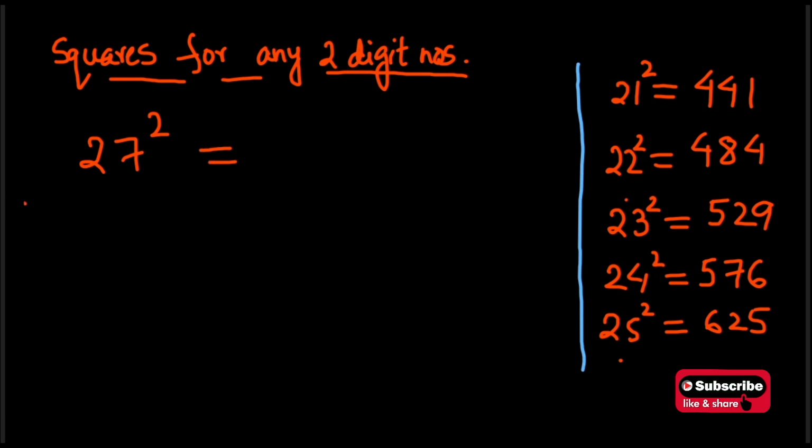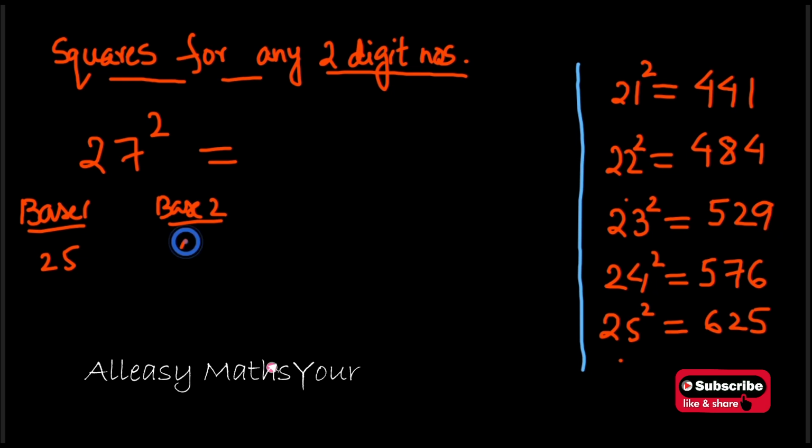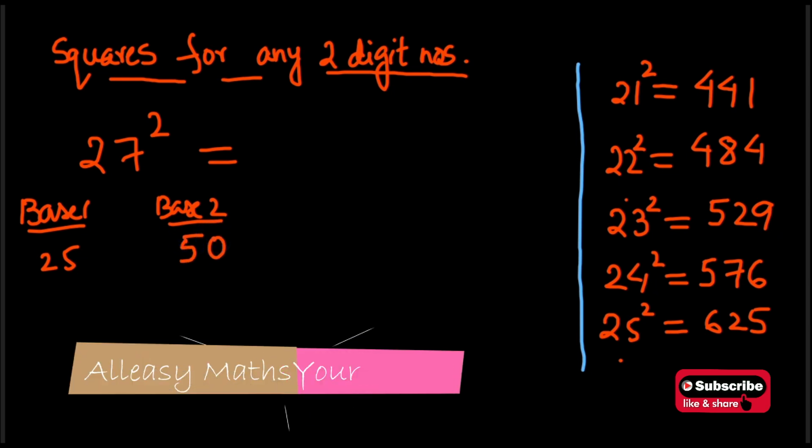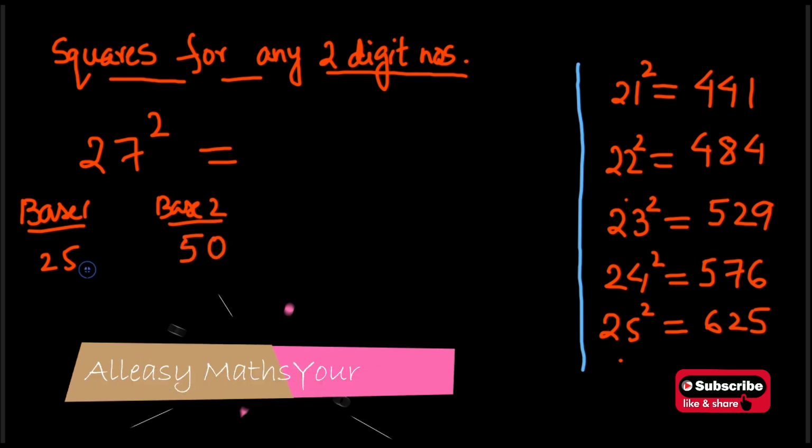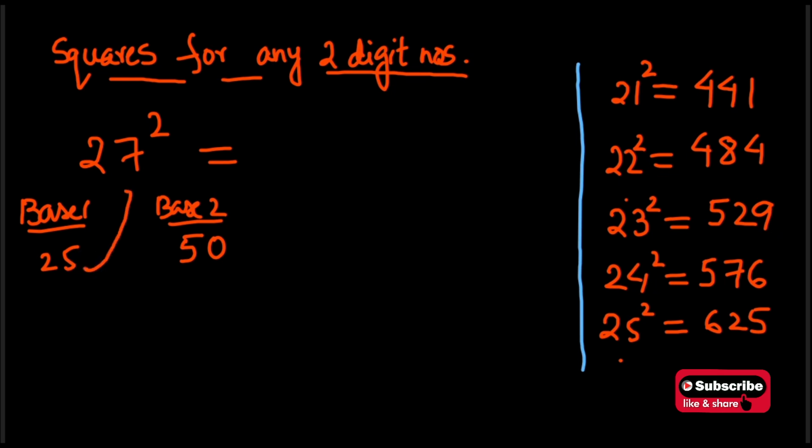square. Now here you can apply the same method, but here we are going to do it in a slightly different manner. Here we will take two bases. One is 25, another one is 50. Remember the rules of 50. Now compare. 27 is 2 more than 25, so the first digit will be 2.